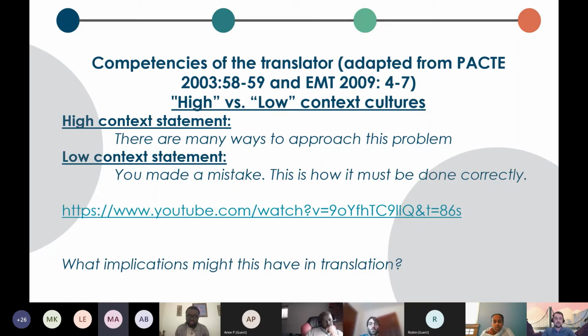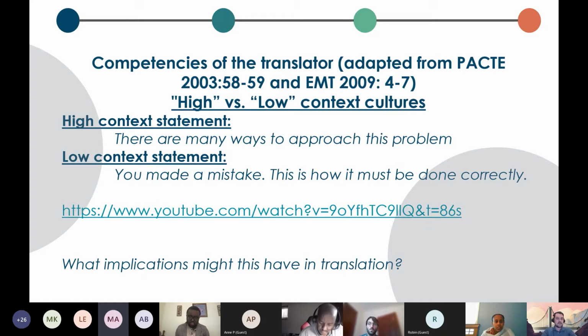So I have a statement here that would be reflected in the high context culture. If somebody sees something that they don't quite agree with, they might say something like, "There are many ways to approach this problem."